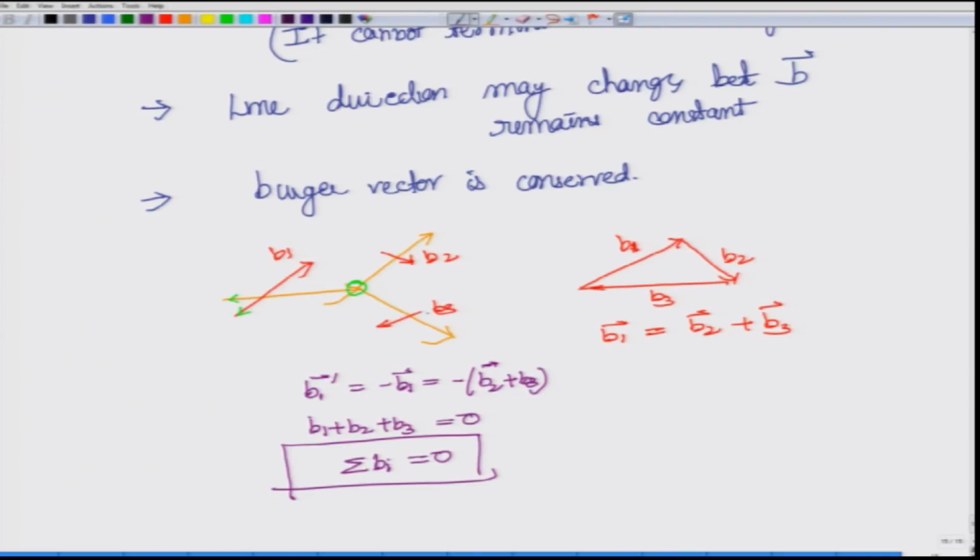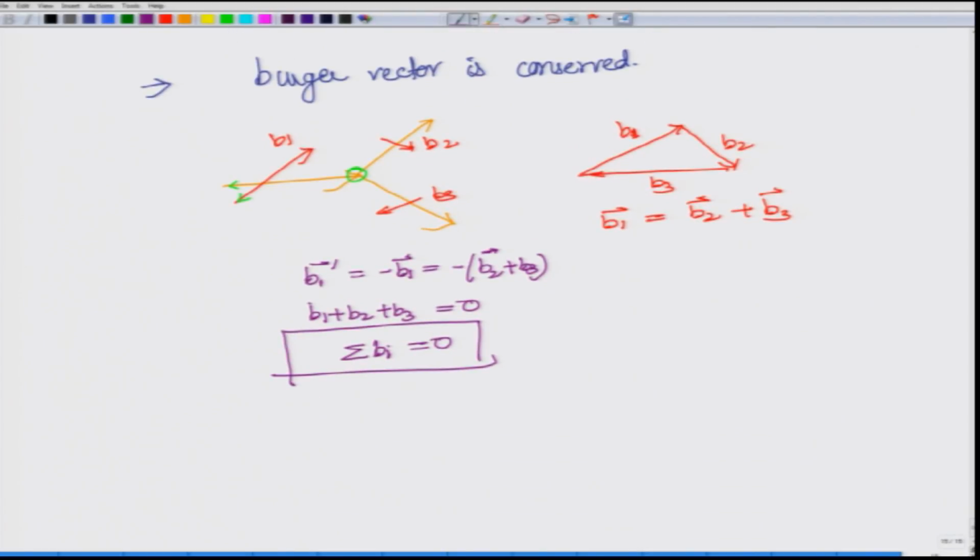Over here we have assumed again some convention that the line directions have to be taken in a way that from a node all of the lines are going out. And one last important characteristic is that the slip characteristics of the Burgers vector remain the same.